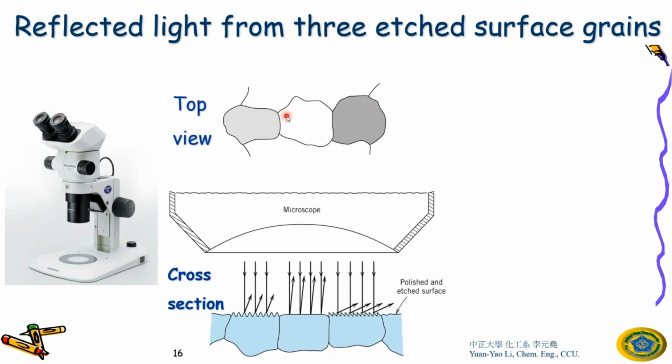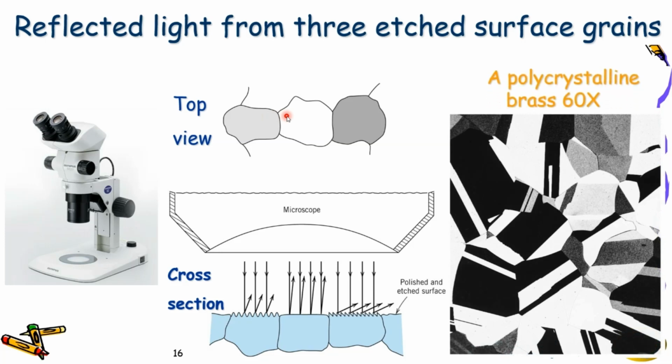So as a result, when you see a picture in a microscope, you can see something like this. So this place is a very smooth surface, right? Because this has a high density of photons, and this is the darkest, which means most of the light scattered.